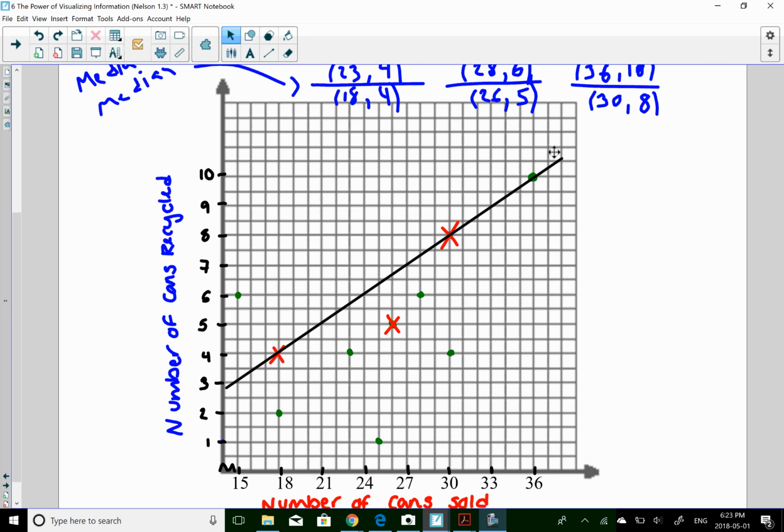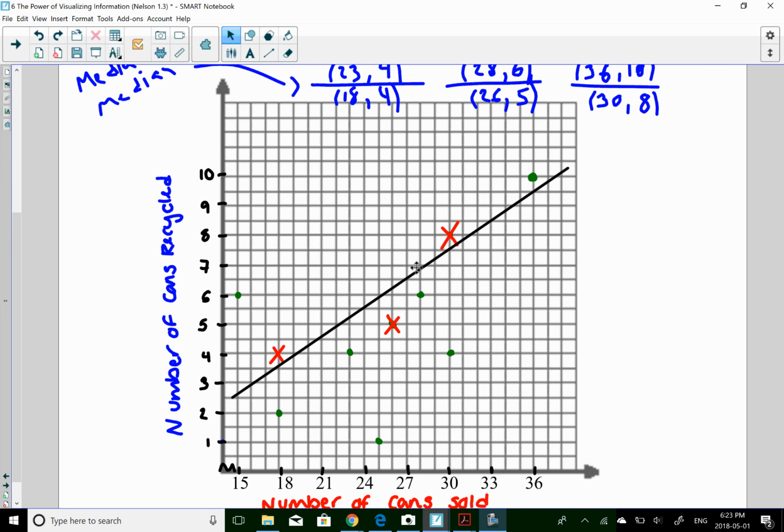You're going to take the ruler, put it through those, and then move it about a third towards the other one.